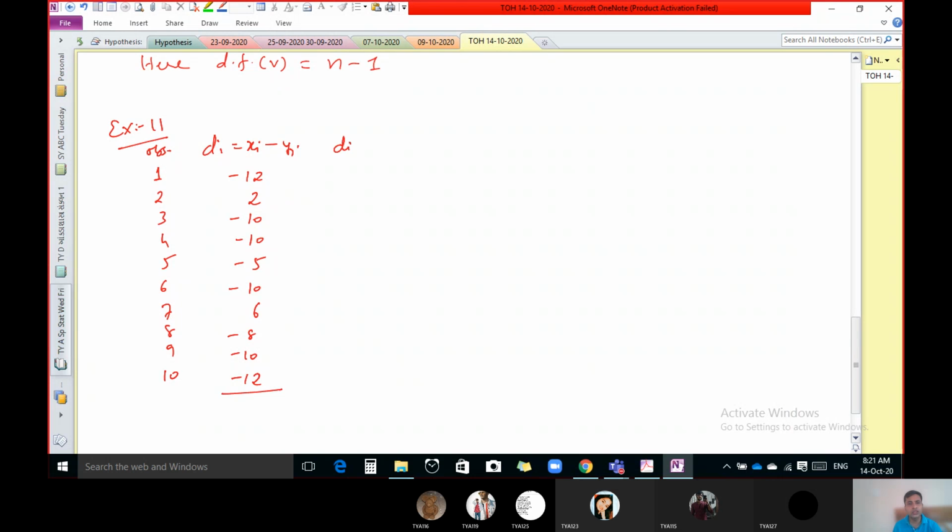Now find out di square. 144, 4, 100, 100, 25, 100, 36, 64, 100 and 144. Find out the total of both. Sir, 817. 817, that is sigma di square.